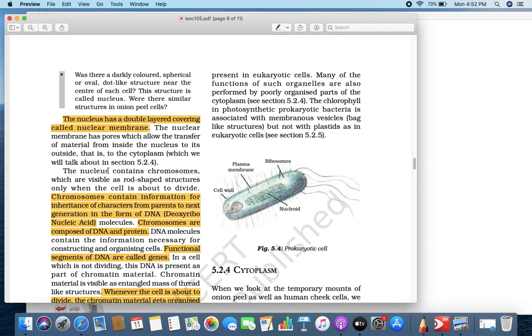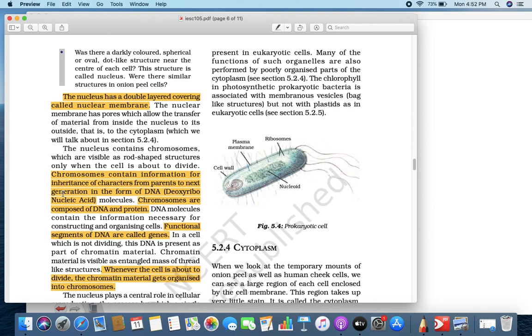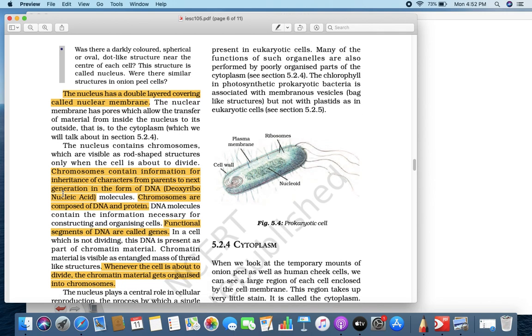A chromosome is a rod-like structure. It is made up of chromatin. Chromatin is actually like hair-like structures inside the nucleus, spread everywhere. Whenever a cell is going to divide, this chromatin arranges itself in the form of a chromosome, which is a rod-like structure, which I showed you in the picture last time.